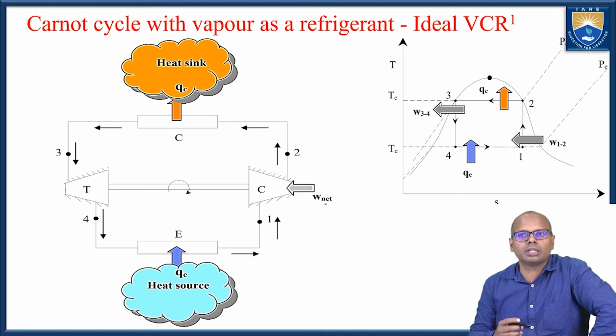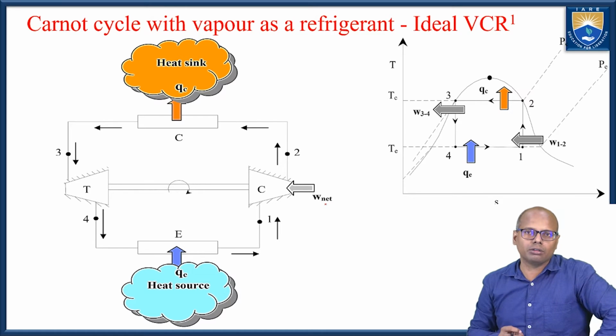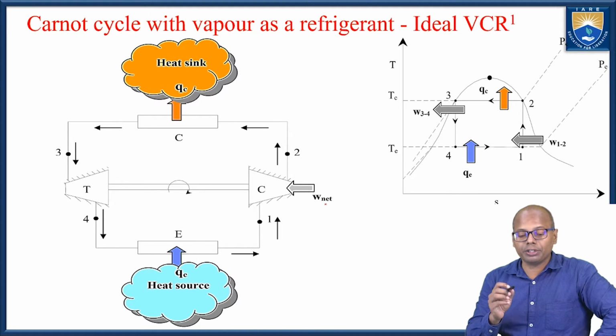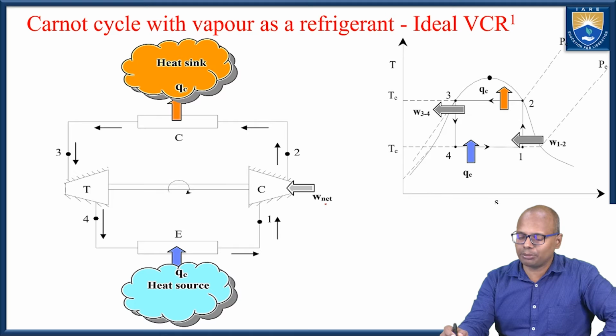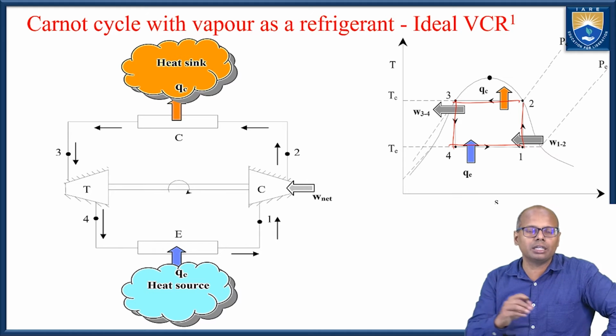So if I want to take the ideal VCR, then it should be a Carnot cycle, or the vapor which is being circulated in a Carnot cycle. Okay, so if it is a Carnot cycle, what we have is two constant temperature heat absorption and rejection, and two isentropic work compression and expansion.